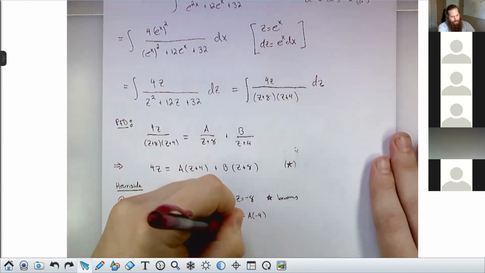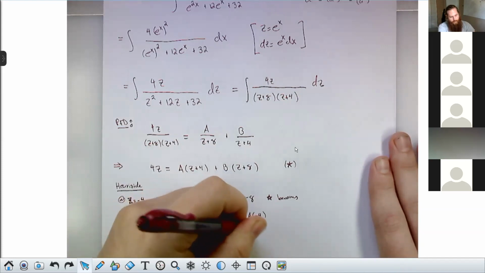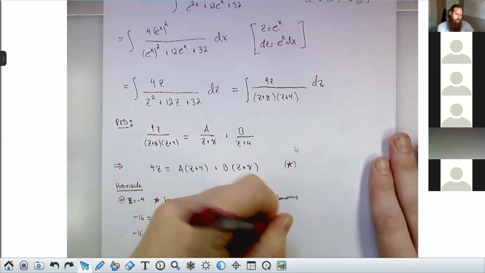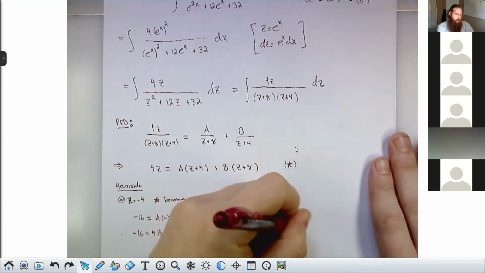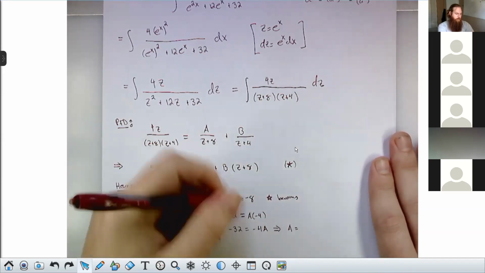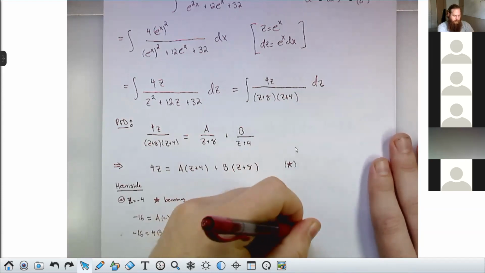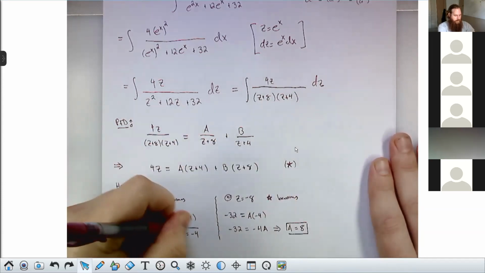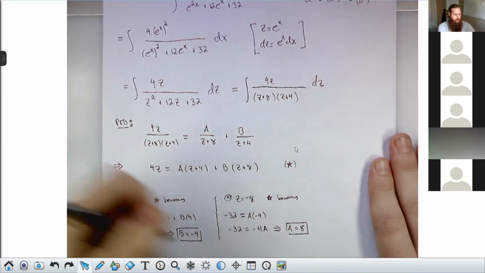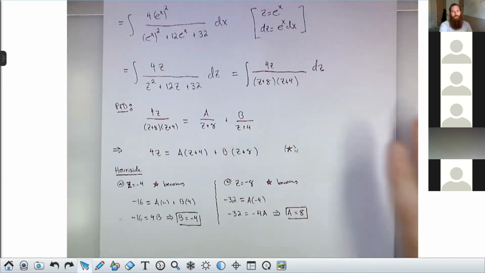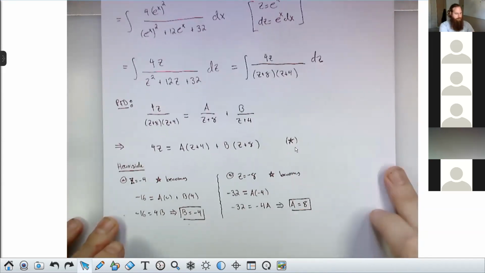In other words, -32 equals -4a. So a will be positive 32 over 4, that's 8. So I've got A and B. And that's all the PFD work.